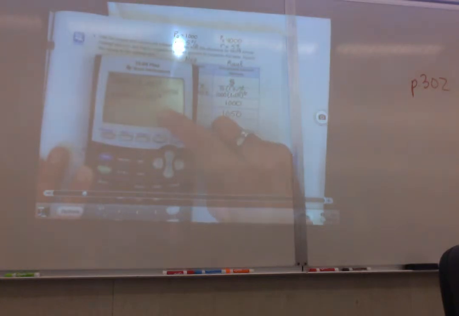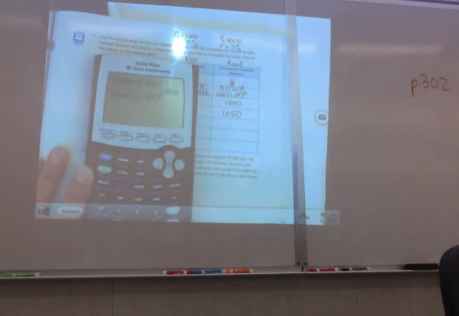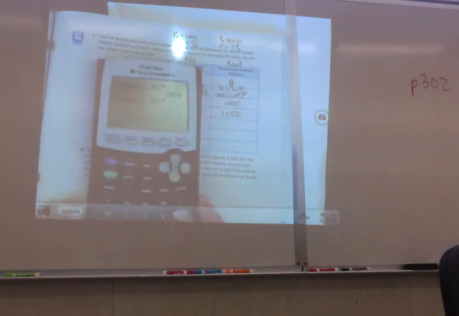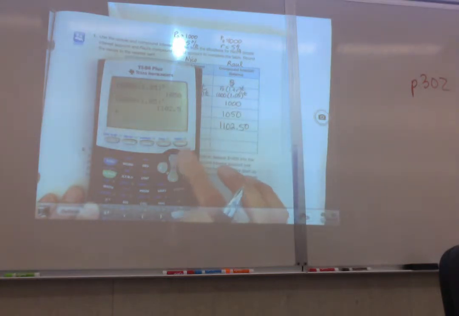Okay, do you see what's happening in my calculator? I'm repeating that function, and I'm just going to change the exponent. The next one is 2. Push enter. 1102.50. Again, back it up. Up, enter. Back it up. Change the exponent to 8. Enter.